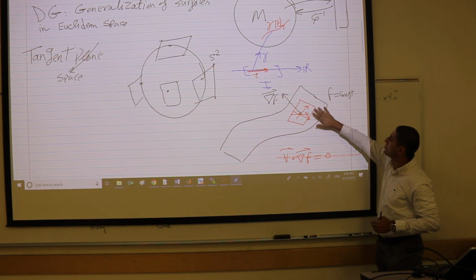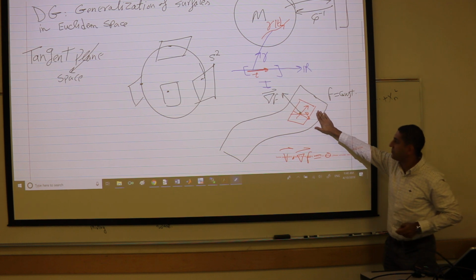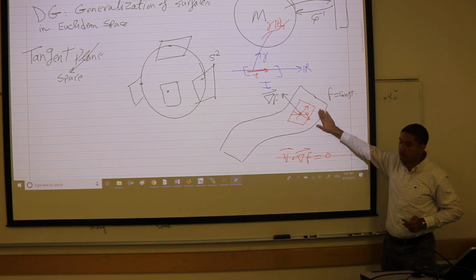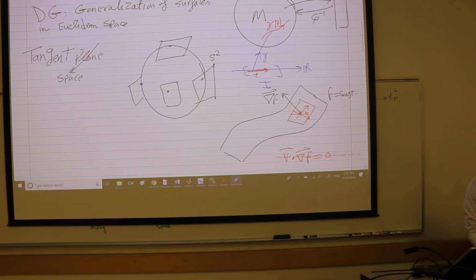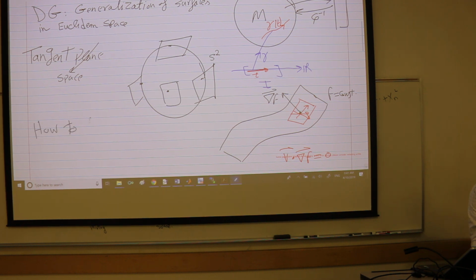We live here, we don't see outside. How can you define tangent plane while you're living here? Or tangent space. So how to define tangent space without resorting to embedding in higher dimension Euclidean space, okay?